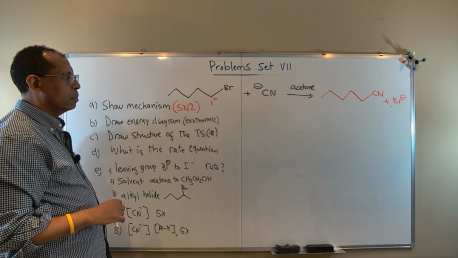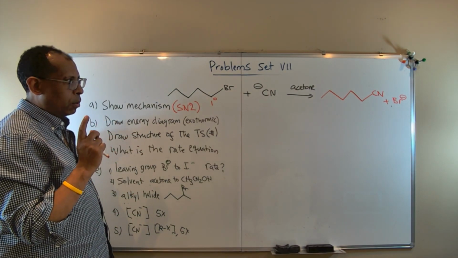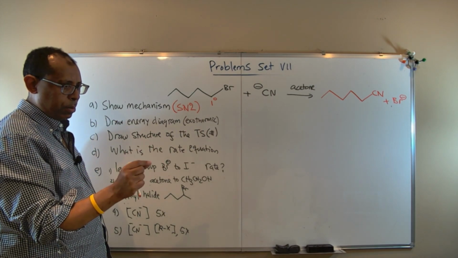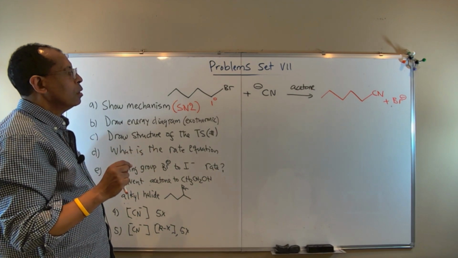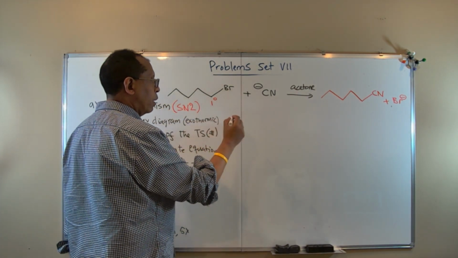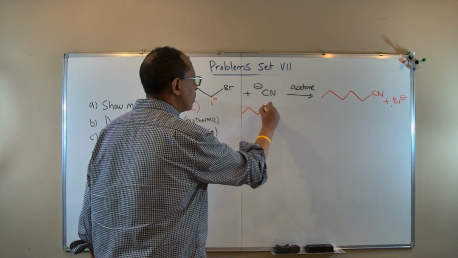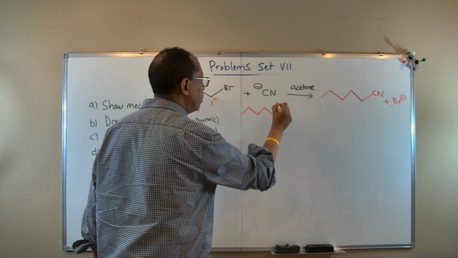Show a mechanism. When you are asked to show a mechanism, you are going to show the arrow with the proper direction of attack. So the mechanism for this reaction, if we have to draw it again, 1, 2, 3, 4, 5, bromine.